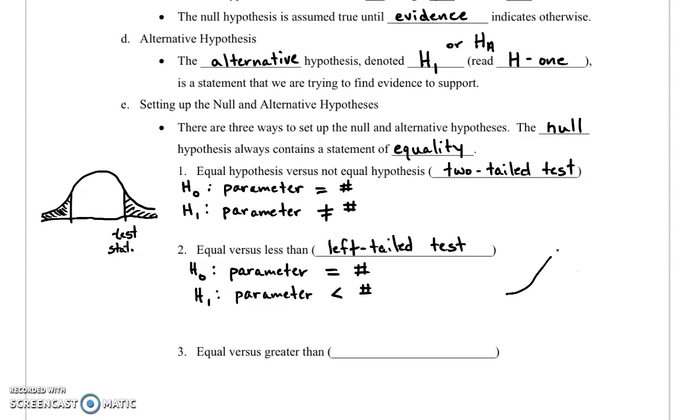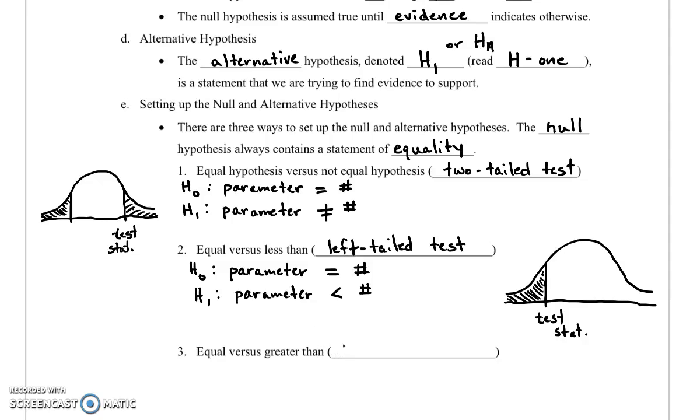And if we were to draw a little normal curve for it, we would have a test statistic, and we want less than, so it would be like that.